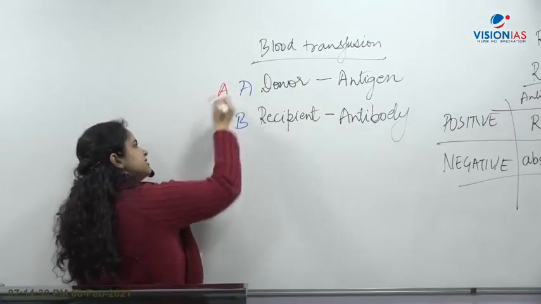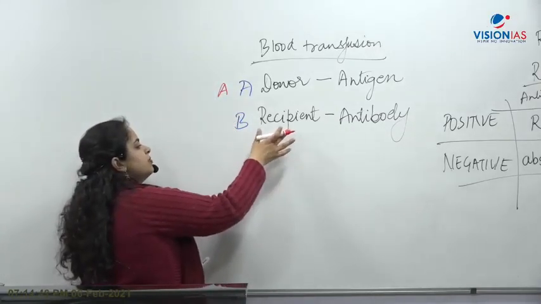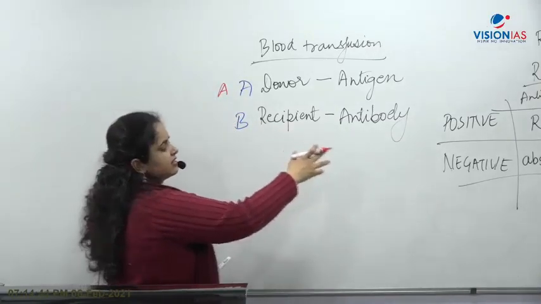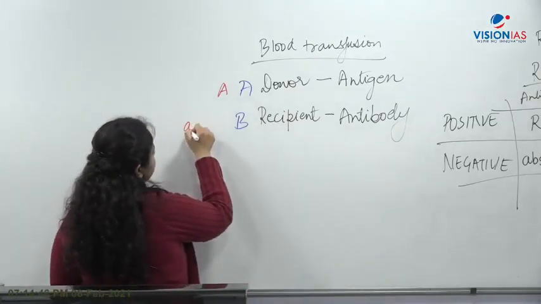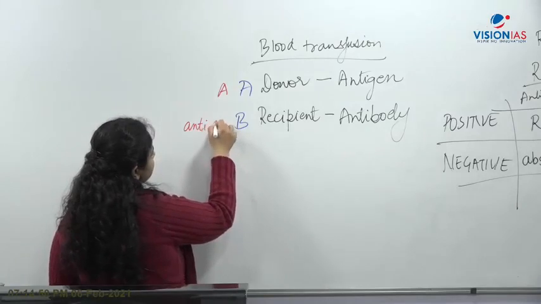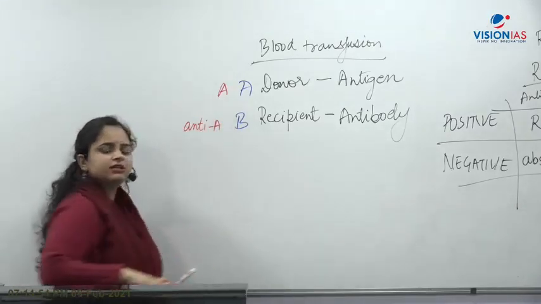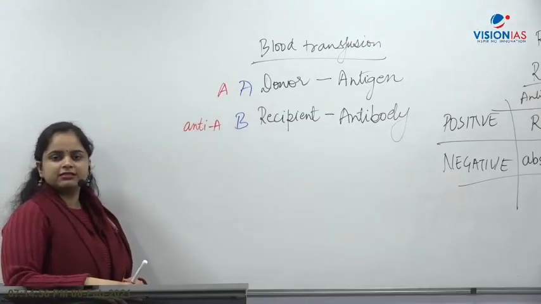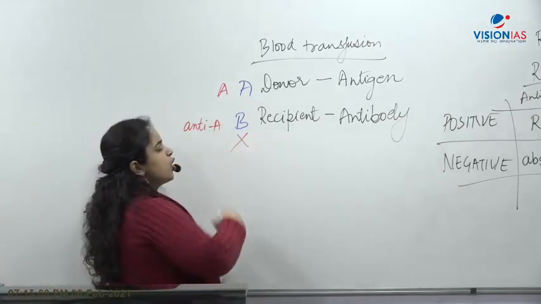A blood group has antigen A. B blood group is the recipient. For the recipient I have written, look for antibodies. So antibody in B is anti-A. Anti-A antibody will destroy antigen A. Right? It is the antibody against antigen A. So this transfusion will not be successful.